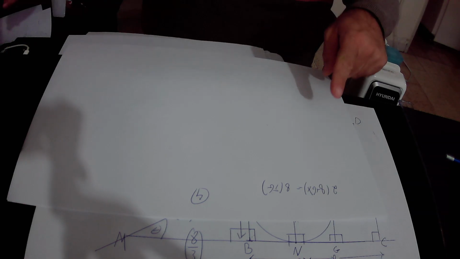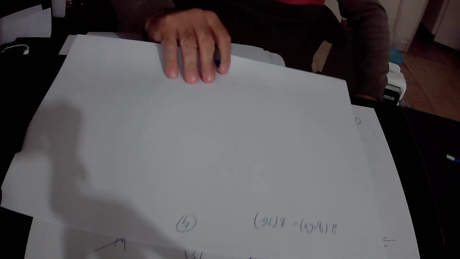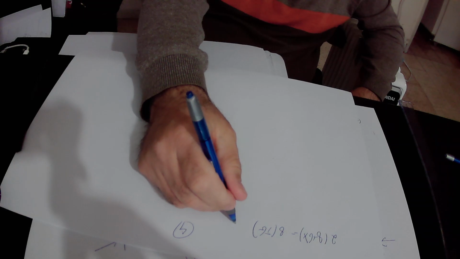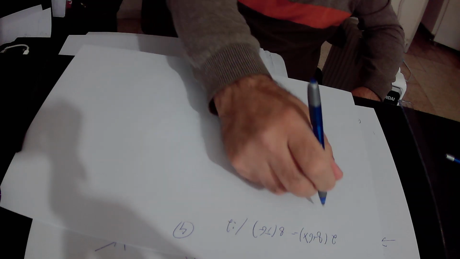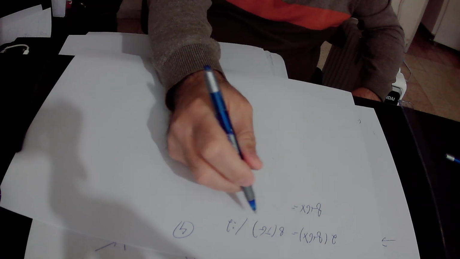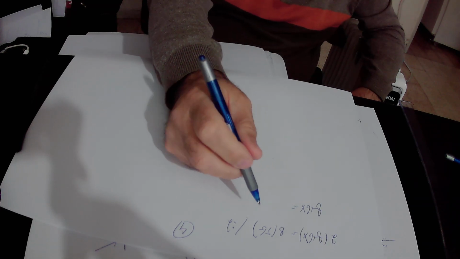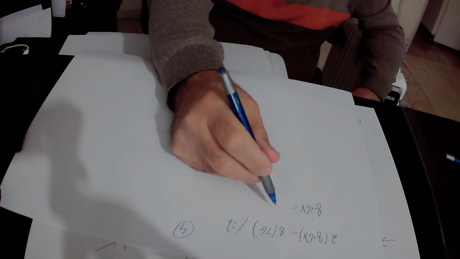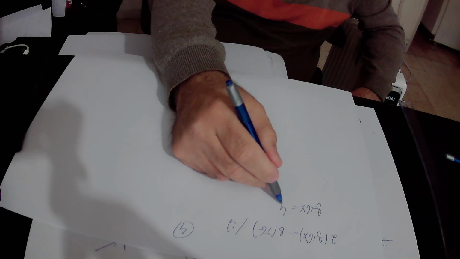Here we divide this equation by 2 and we will get that 8 plus 6x equals to 8 over 2 is 4. So 8 plus 6x equals to 4 TG.